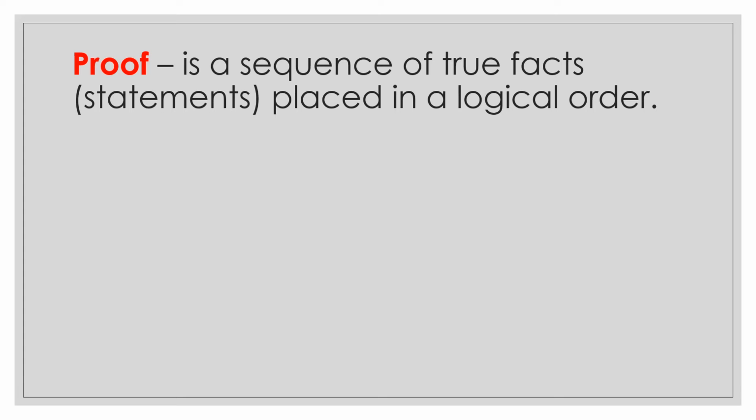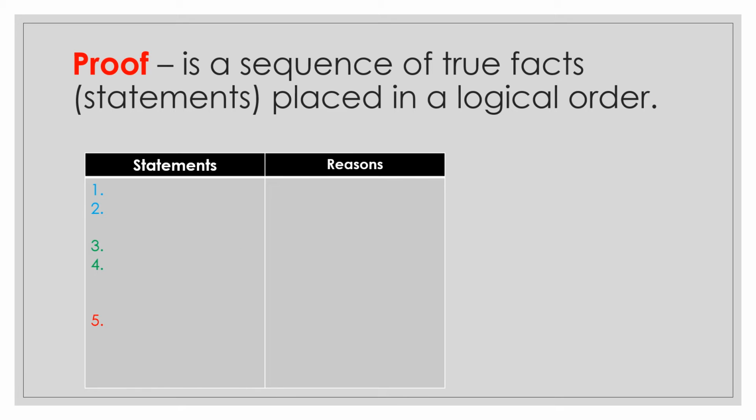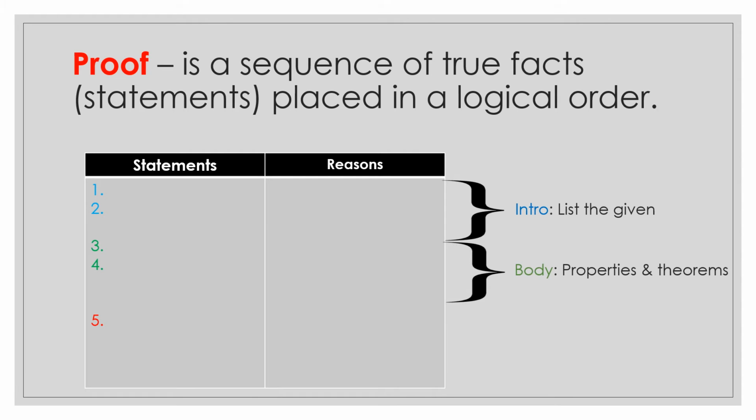some logic. All right, so in a two-column proof, we have these two columns. Of course, we have the statements and the reasons, and in the first part we have the intro. Okay, so first we have to list all the given. And we have the body.